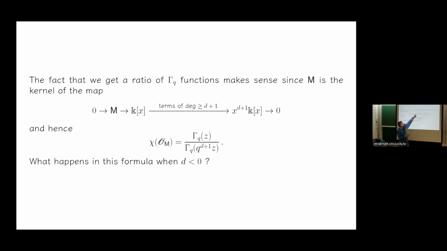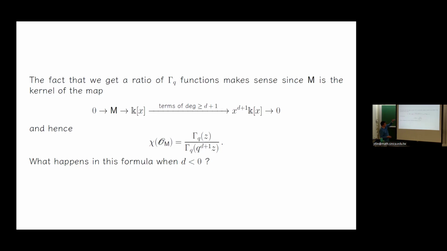I can take the polar terms at infinity, so take the terms of degree d plus 1 and higher, so there will be a map. And M is, by definition, the kernel of that map. In this case, all of these are linear spaces. And if I want to know the characters of functions on these linear spaces, I can take the functions here, divide by functions there, and this will give me this ratio of gamma functions.